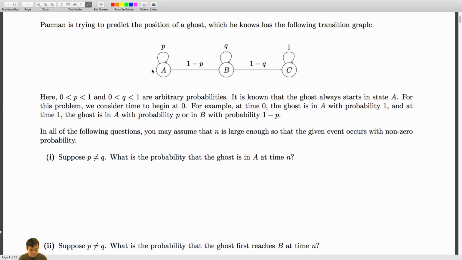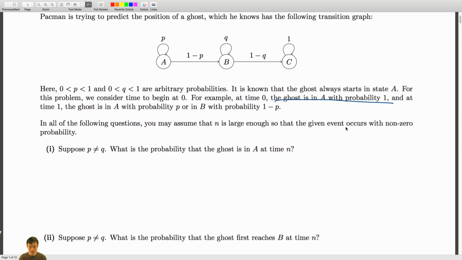We know the ghost starts in A with a probability of 1. Given that, the probability of the ghost being in A at time step n is equal to the probability of the ghost transitioning from A to A itself for a total of n time steps.